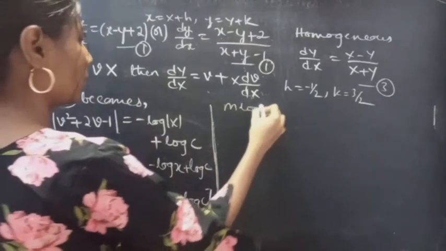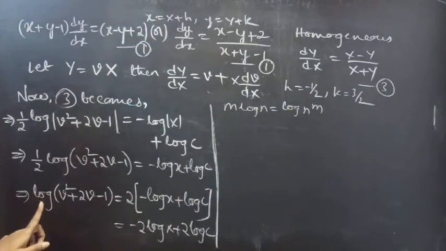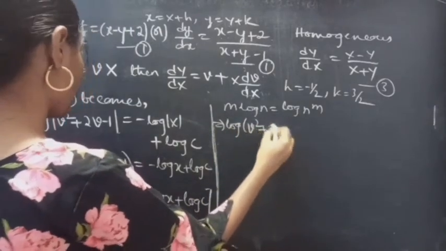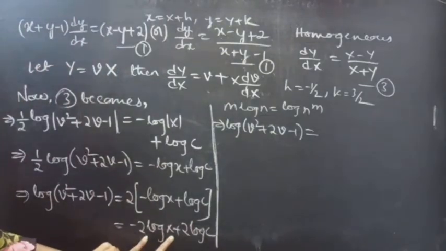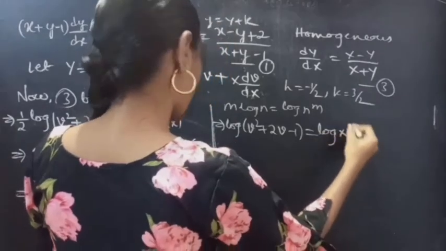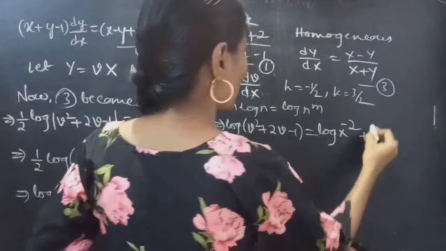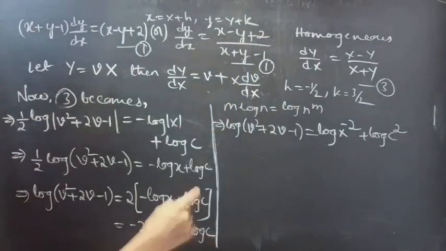m log n can be written as log n power m, then you can write log of v square plus 2v minus 1 equals log x power minus 2 plus log c square.